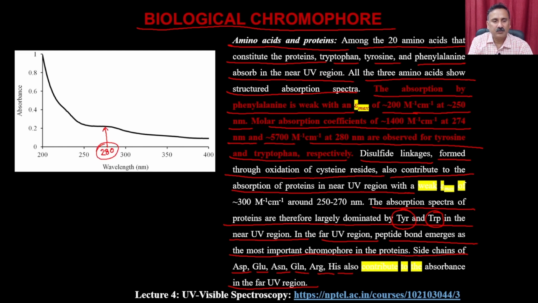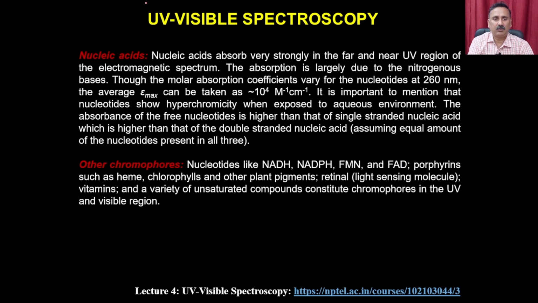This 280 nanometer peak is a summation of the different types of chromophores present, mostly tryptophan, which absorbs at 280 nanometer, and tryptophan and tyrosine are the predominant chromophores present in protein molecules. Apart from that, you can also have chromophores in nucleic acids.